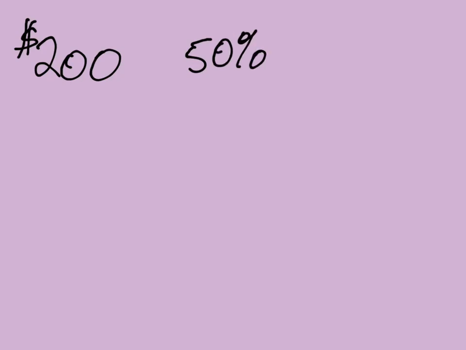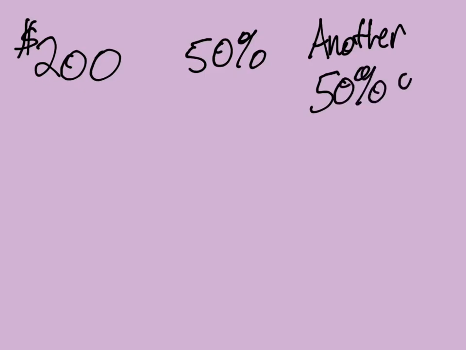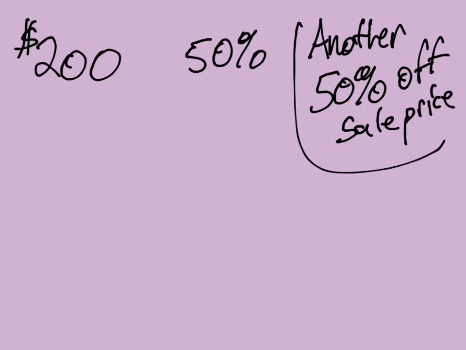And then today, special, you get another 50% off the sale price. Now, some people would say, well, 50% plus 50% means that I get 100% off. But that's not the way it works. If that worked that way, they'd be out of business really quickly.